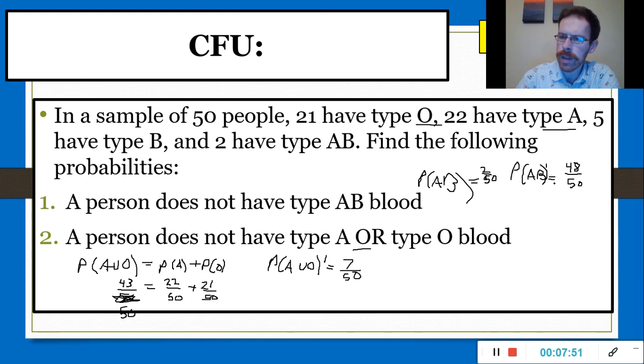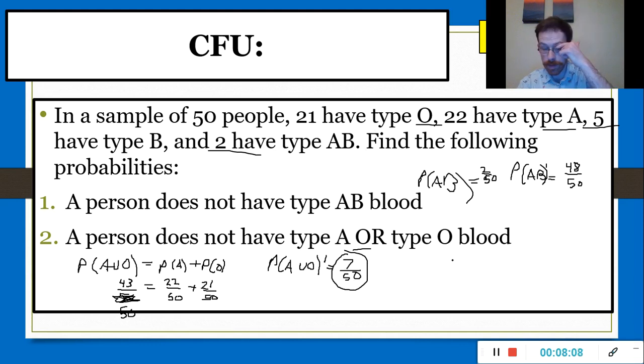Now, this should make sense because what's 5 plus 2? 7. And if it's not type O or type A, it has to be type B or type AB. So, this is our answer for the probability of someone does not have type A or type O.